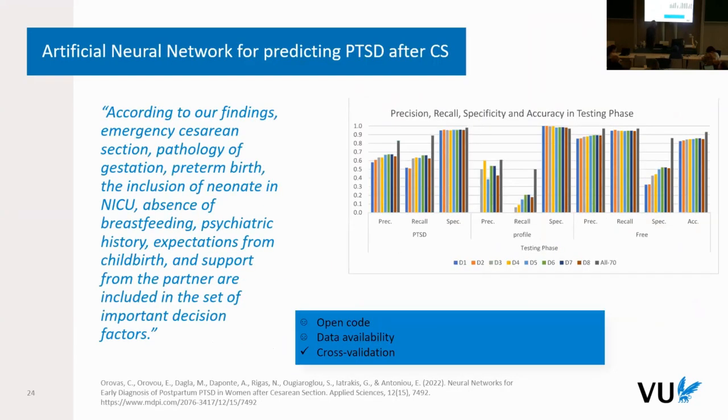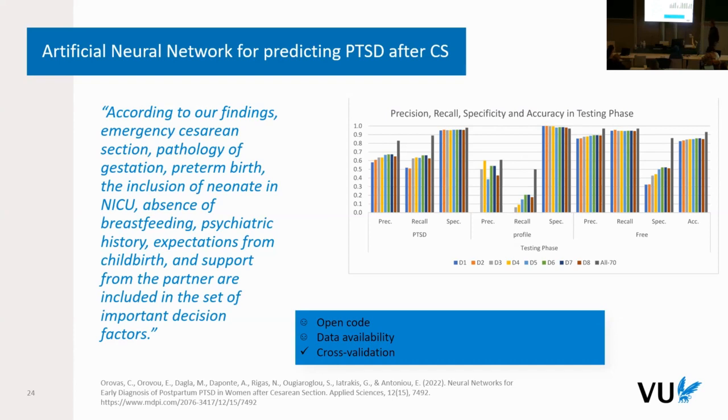For the sake of time, I'm just going through some examples that I found. This one is from Greece, who built a prediction model of PTSD after a cesarean section. So they used data science methods in order to train an artificial neural network to optimally predict diagnosed PTSD after C-section.